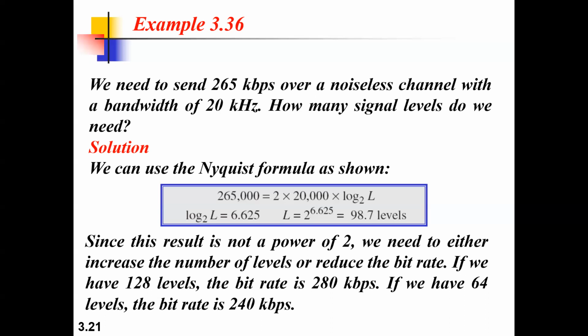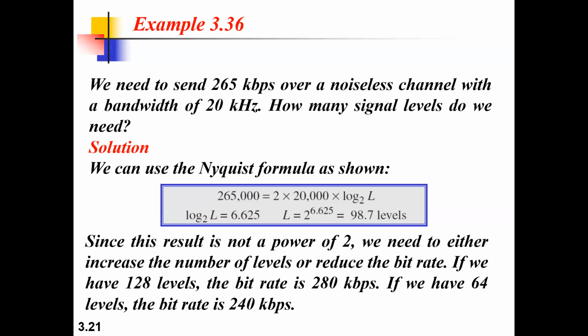So 98.7 lies between these values. What is 2 to the power 6? 64, right? Yes. And what is 2 to the power 7? 128. So 98.7 lies between these two values.